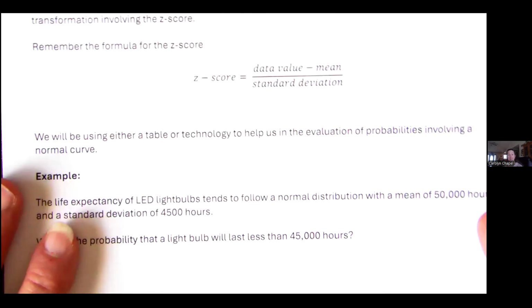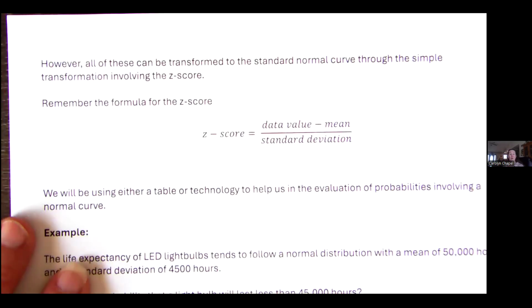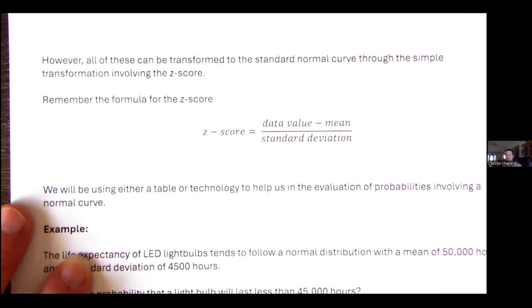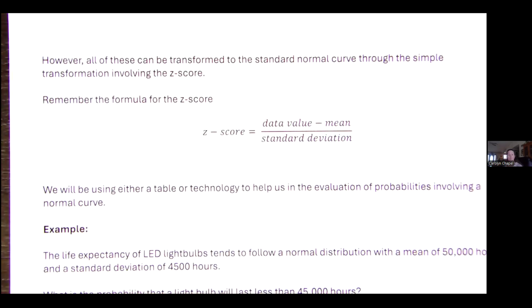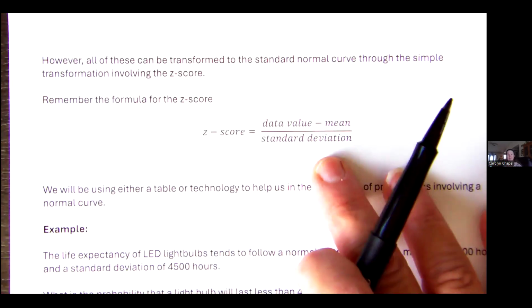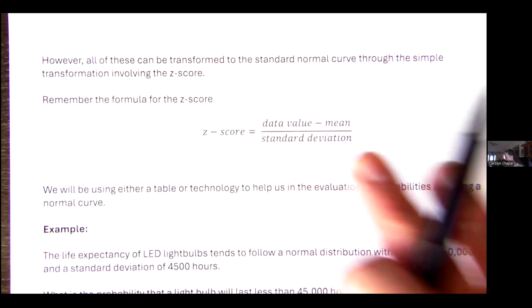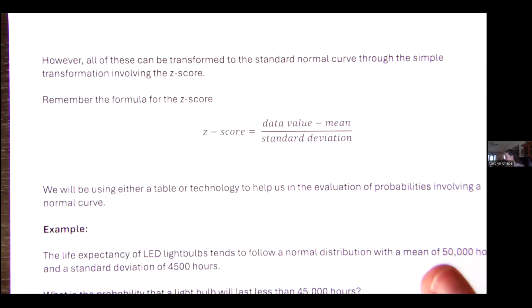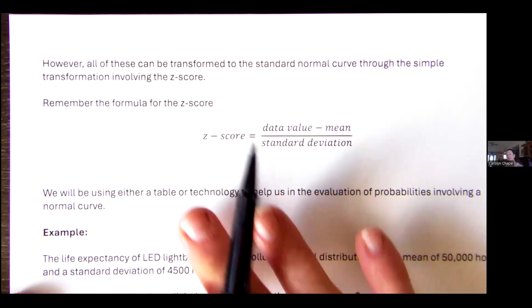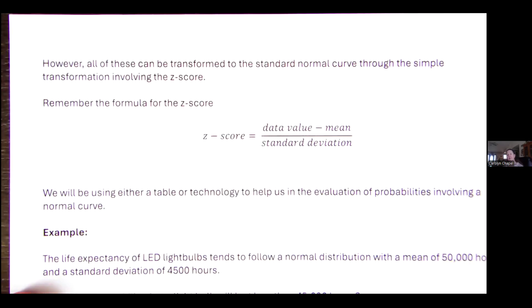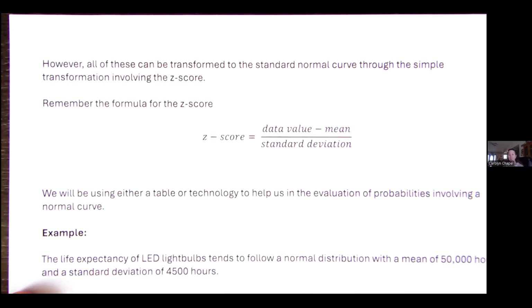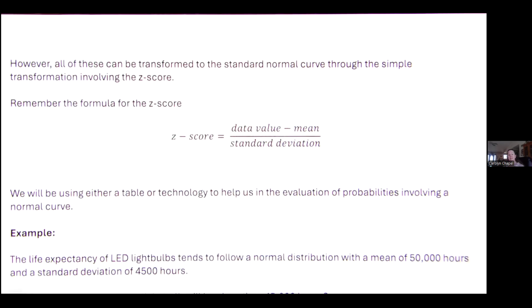We can basically take any normal curve to our standard normal through this simple transformation, and that is the transformation of finding the z-score. Luckily for us, with SALT we do not have to find the z-scores, but if you were to use tables, you would need to find your z-score for all the boundary values and then use it to go to your standard normal table.